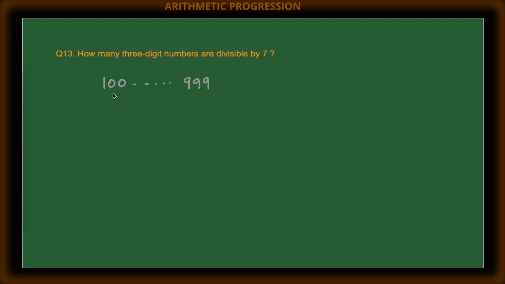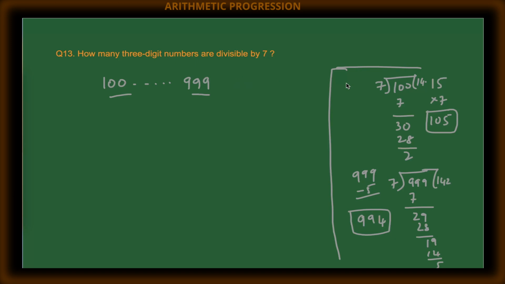So now we need to form a sequence which is a multiple of 7. How do you find it? Is 100 divisible by 7? Let's try to sort it here, both the numbers, 100 and 999. We found that the first number divisible by 7 is not 100, so it starts with 105. 105 is divisible, then add 7 to this and it becomes 112.